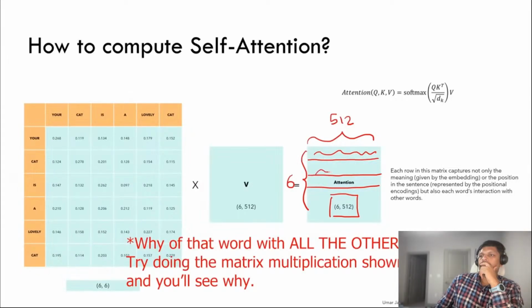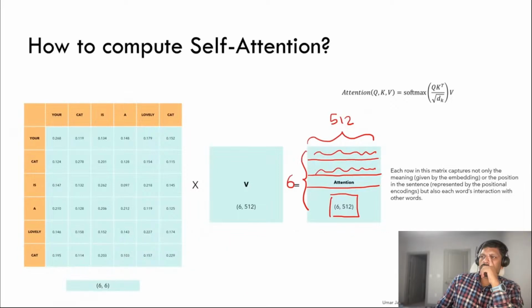And this particular embedding of this word here also captures not only its meaning, not only its position inside of the sentence, but also the relationship of this word with all the other words.